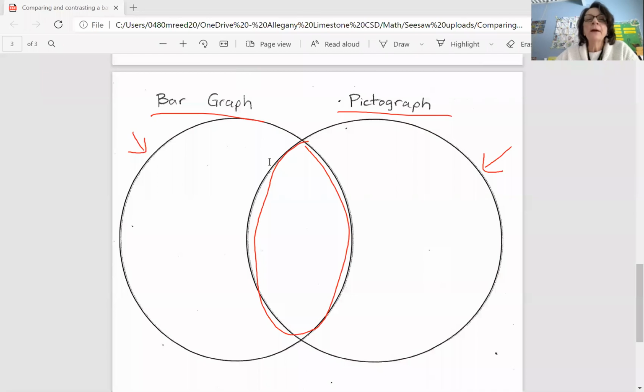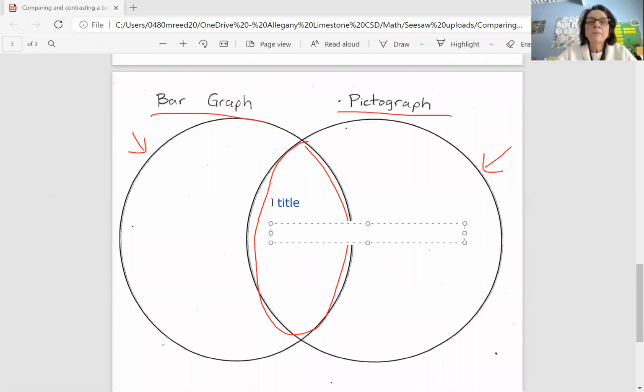All right, so if we compared our two lists, I think we would find that both of them have a title. And I hope you would agree with me. They both have a title. If you look at your lists, you'd see that they both have a title. Another way that they're similar. Well, what did we write down on both lists?